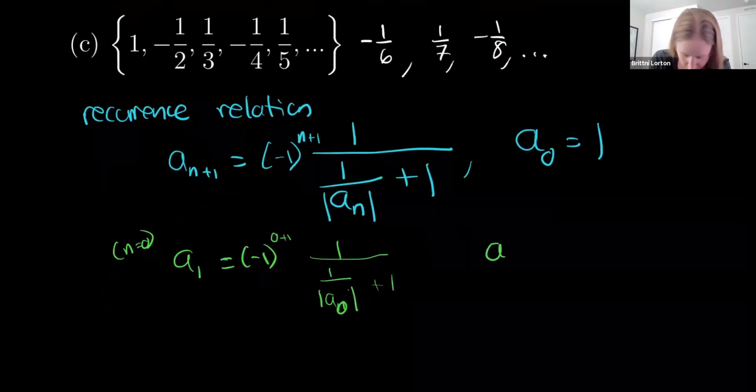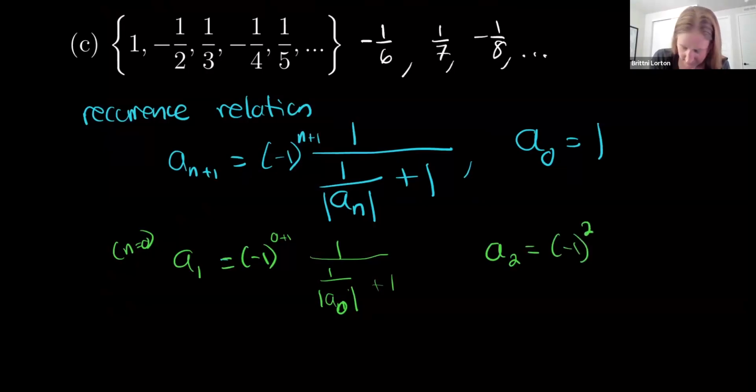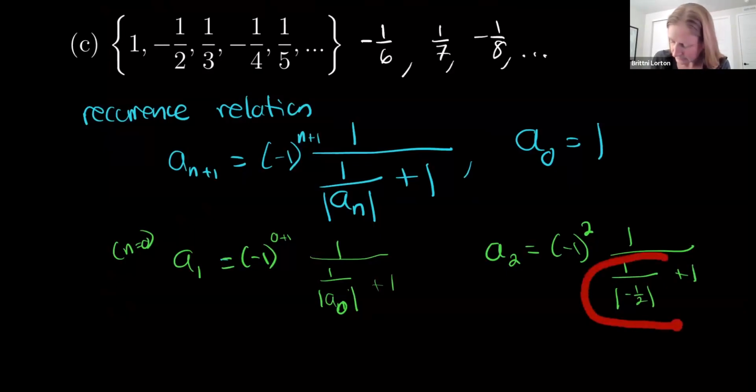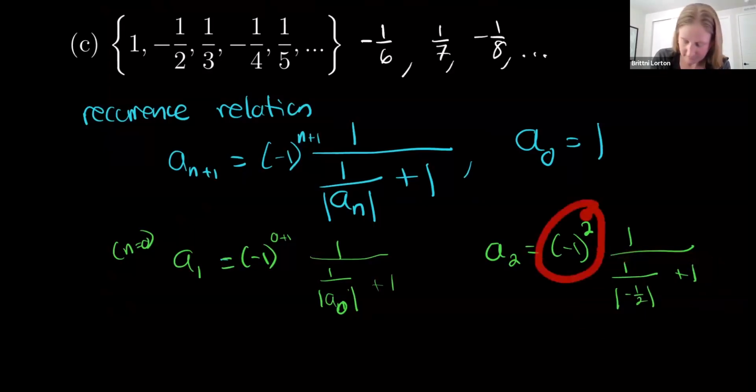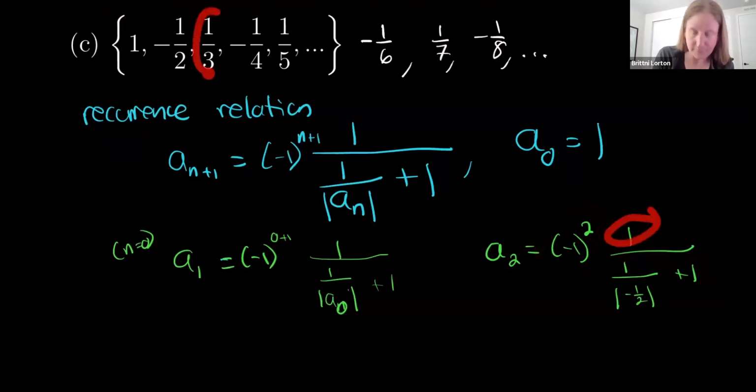If my n was 1, then this would become -1 squared. And then this would be a 1 over the absolute value of -1/2 plus 1. So that denominator definitely gave me 3, which is great. And then times a positive 1 over 3, positive 1/3. We're good. Okay, so that was me just checking my work.